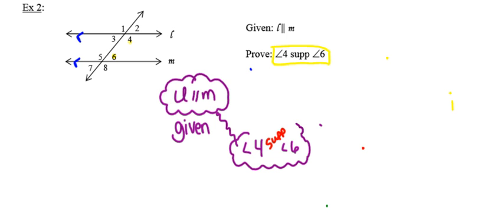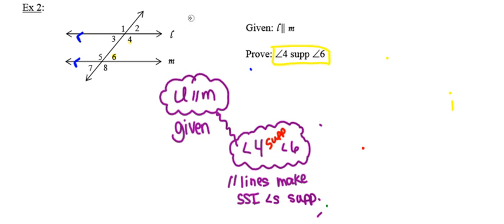And I have to write a reason now why I know that that's a true statement. Well, anytime I have parallel lines, and I'm going to start off by talking about parallel lines first, they make the same side interior angles supplementary.